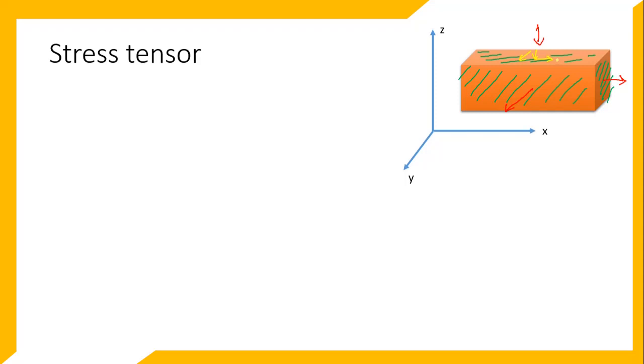One is on the surface of z in the direction of z itself, and another is on the surface of z in the direction of x or negative x, and on the surface of z in the direction of y or negative y.